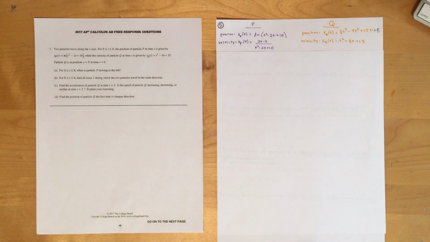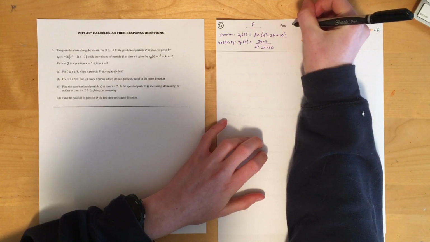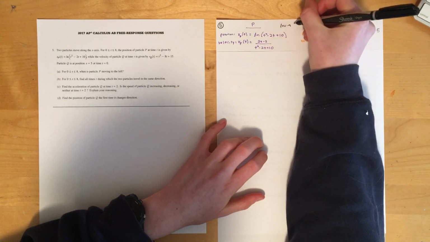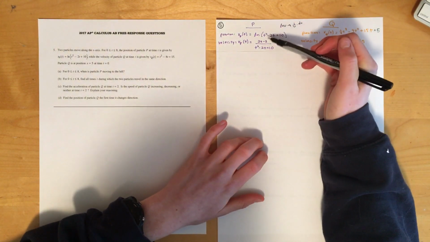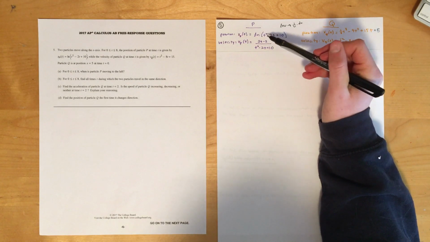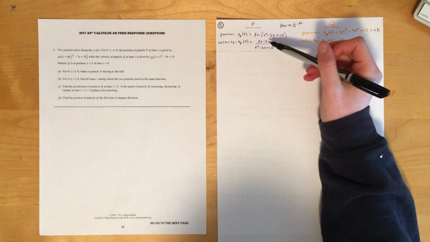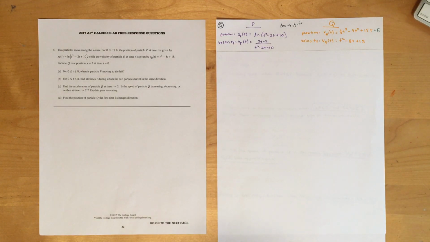For natural logs, if it's ln of u, the derivative is 1 over u times the derivative of u itself. So it's 1 over t squared minus 2t plus 10 times the derivative of this, which is 2t minus 2. So simply it's 2t minus 2 over t squared minus 2t plus 10.